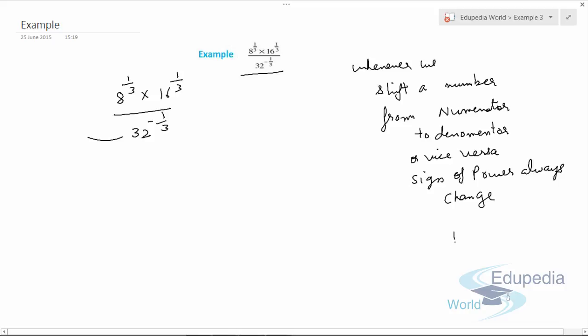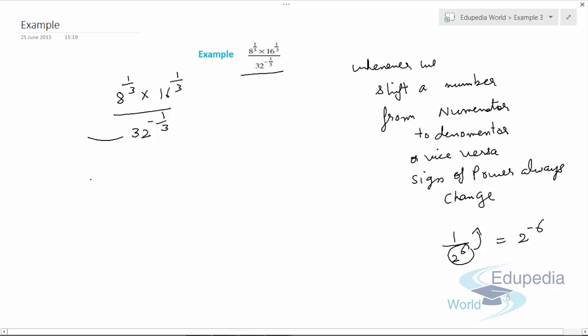Suppose we have 1 by 2 raised to power 6. If we shift this number, 2 raised to power 6, to the numerator, it will become 2 raised to power minus 6. So the sign of power will always change.